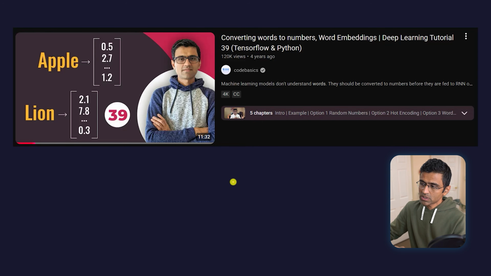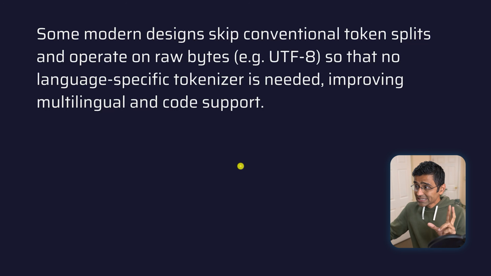Here I'm showing you one video where you can understand word embeddings in detail. Now, some modern designs will skip conventional token splits, and they will operate on raw bytes such as UTF-8, so that no language specific tokenizer is needed.